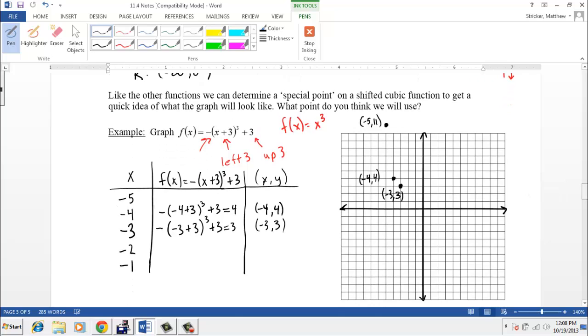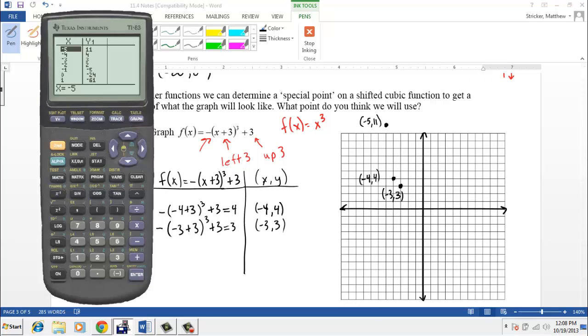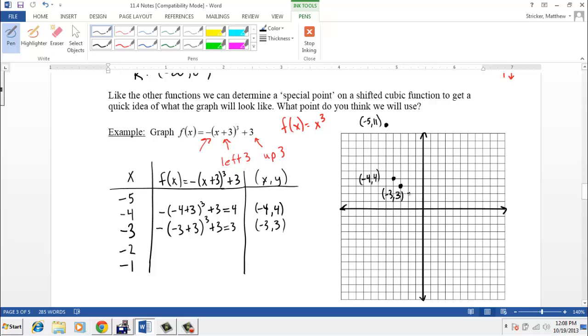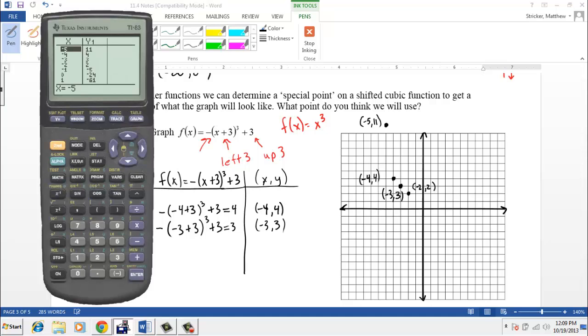Take a look at some other points that are on there. We also have negative 2, 2. We have negative 1, negative 5.